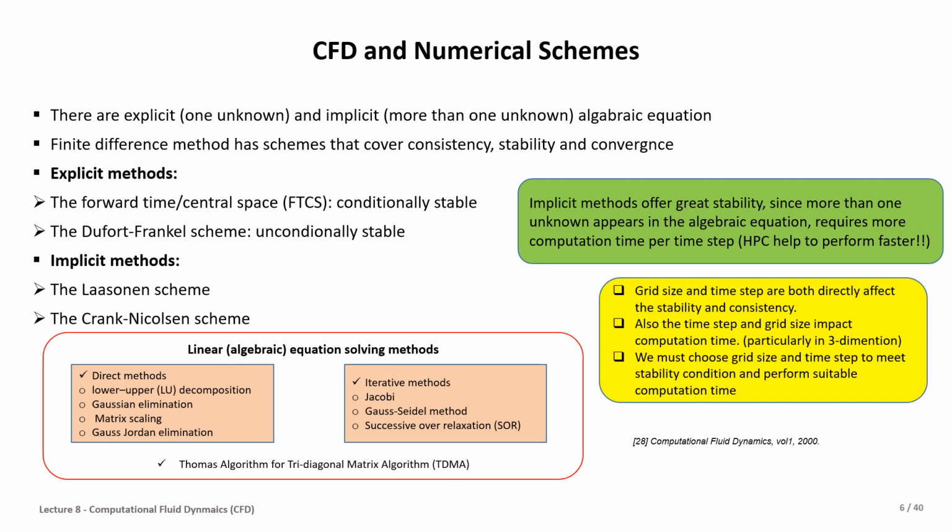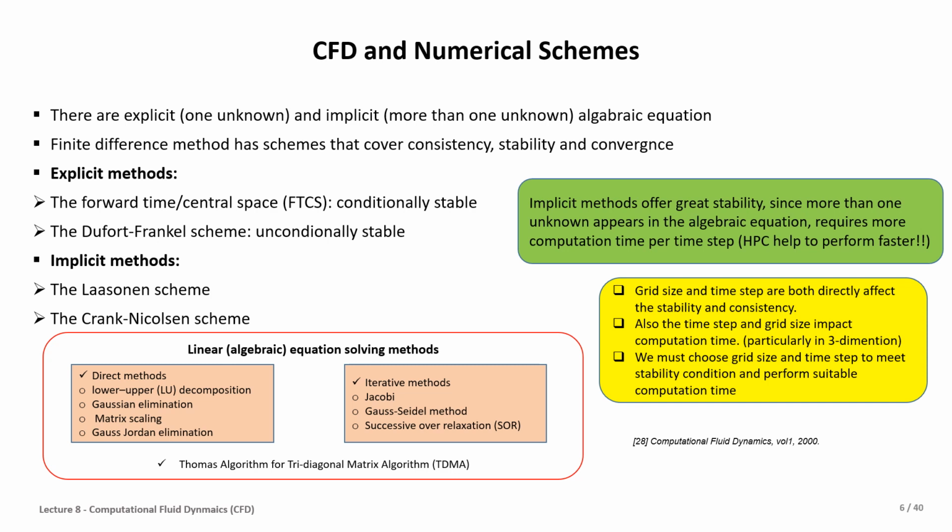The finite difference method has schemes that cover consistency, stability, and convergence. For example, from the explicit methods, there is forward time central space, which is conditionally stable. There is the DuFort-Frankel scheme, which is unconditionally stable. From the implicit methods, there are the Laasonen scheme and Crank-Nicolson.